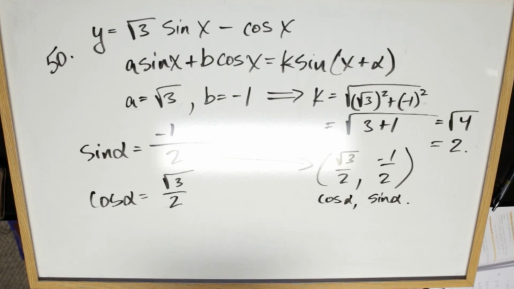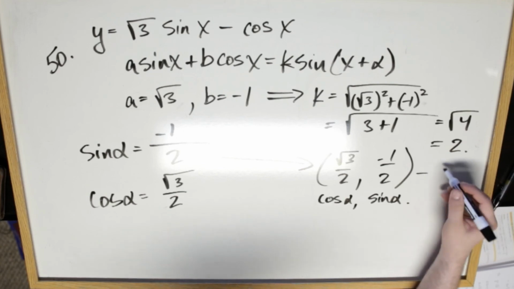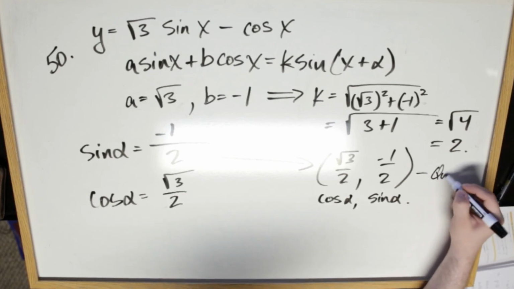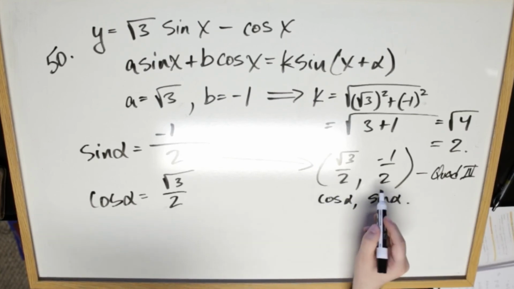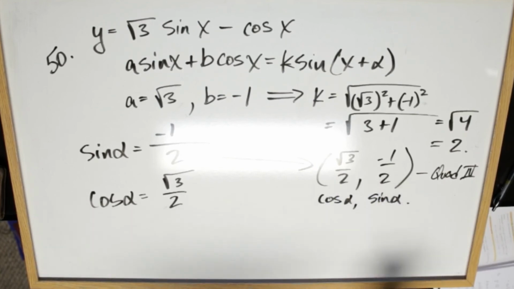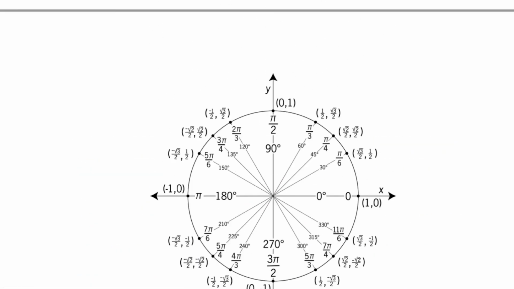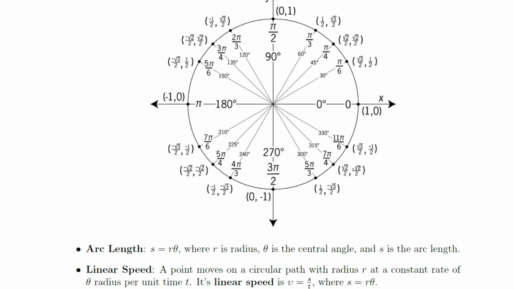So this is technically a quadrant 4 angle. You've got a positive component for the x and a negative component for the y, so it has to be in quadrant 4, which means if I go back to the unit circle, I'm looking essentially for root 3 over 2, minus 1/2.